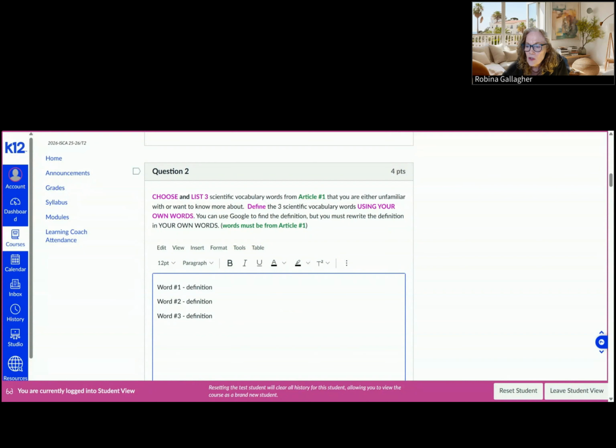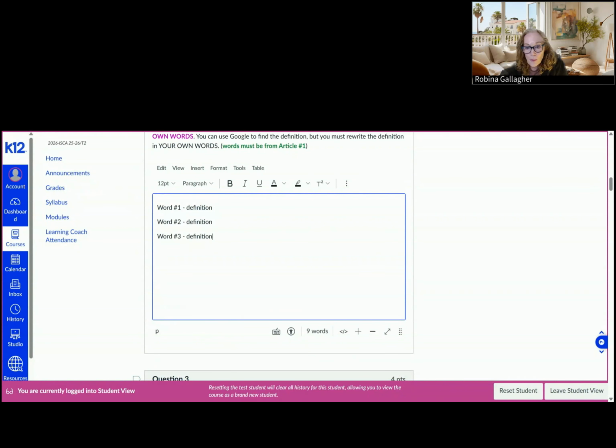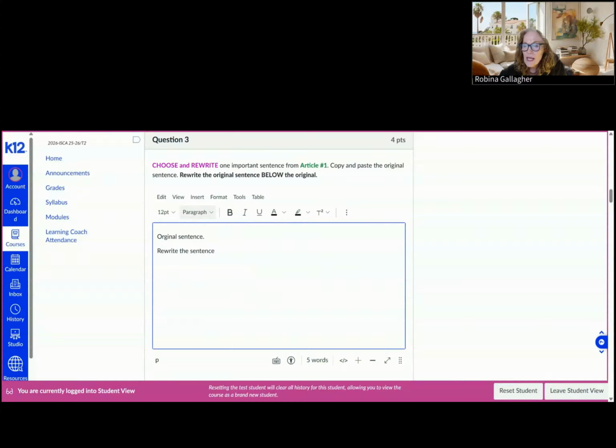And then you can use Google to find the definition, but you need to write the definition in your own words. So this definition down here needs to be in your own words using your brain to take that Google definition and put it in a simpler term, okay?